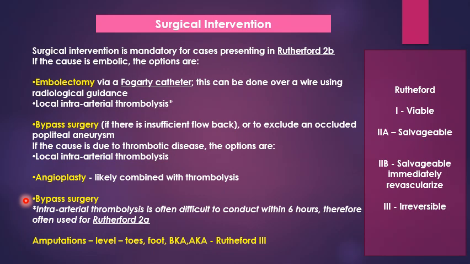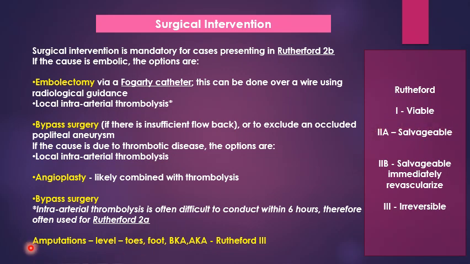Arterial bypass surgery. Intra-arterial thrombolysis is often difficult to conduct within 6 hours. Okay, thrombolysis takes time, so you don't have time, so you may want to do a bypass for these patients. Therefore bypass surgery is often considered for patients with Rutherford 2A, where there is time to salvage.